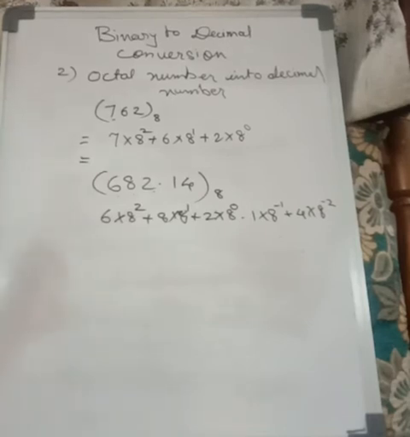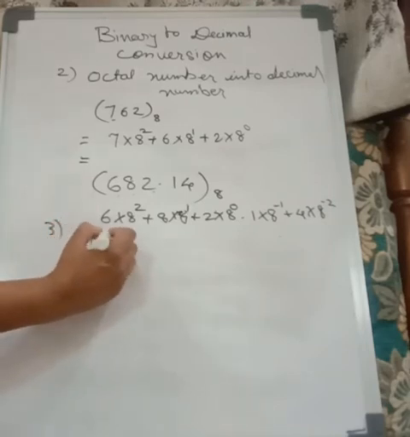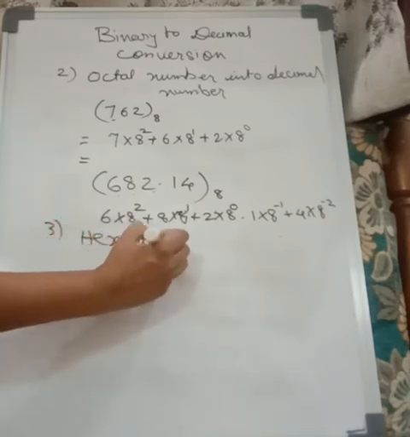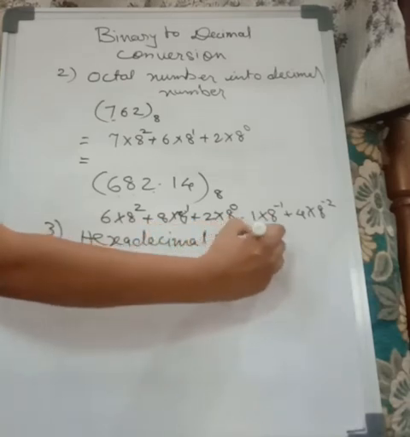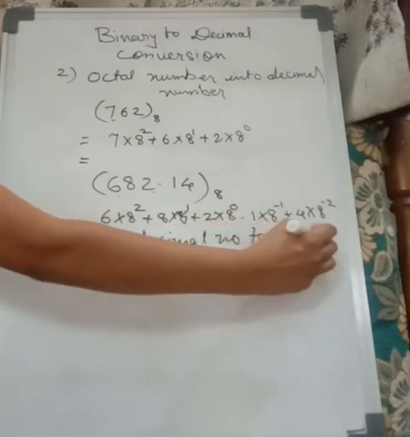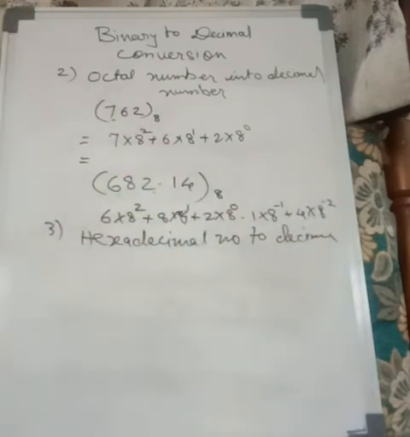Now we'll switch to the hexadecimal number. Third type, that is the hexadecimal number to decimal number. Okay. Very similar to the other two cases.